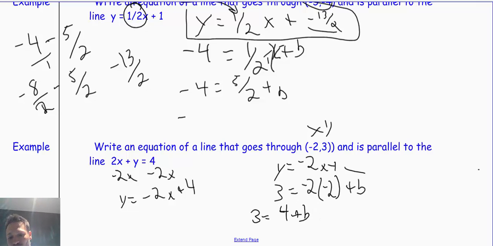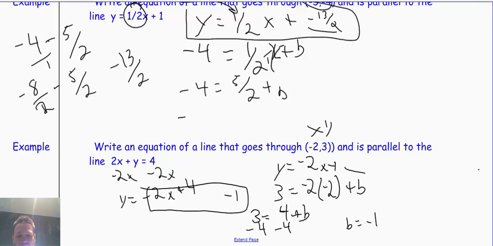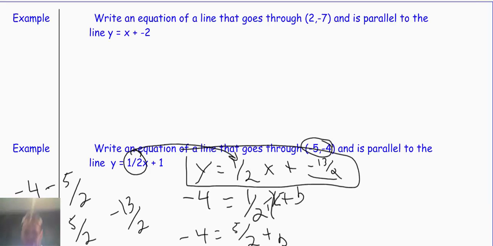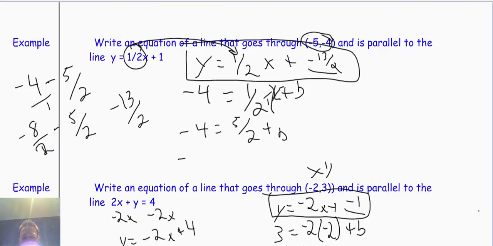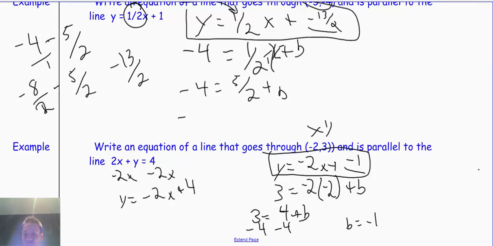Subtract 4 from both sides, and my b value is equal to -1, and then it goes up here. That is my new equation. Notice the slopes are parallel and we have a new y-intercept, okay?